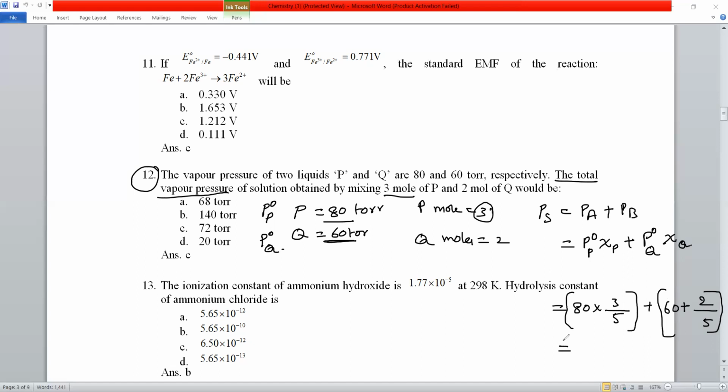On simplification, students, we get 72 torr.